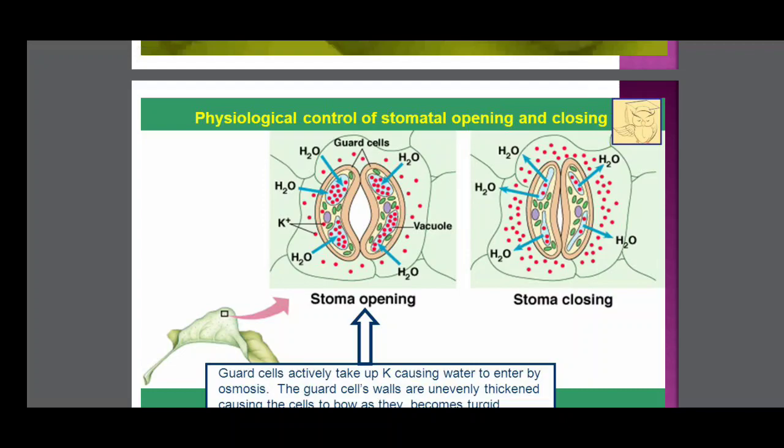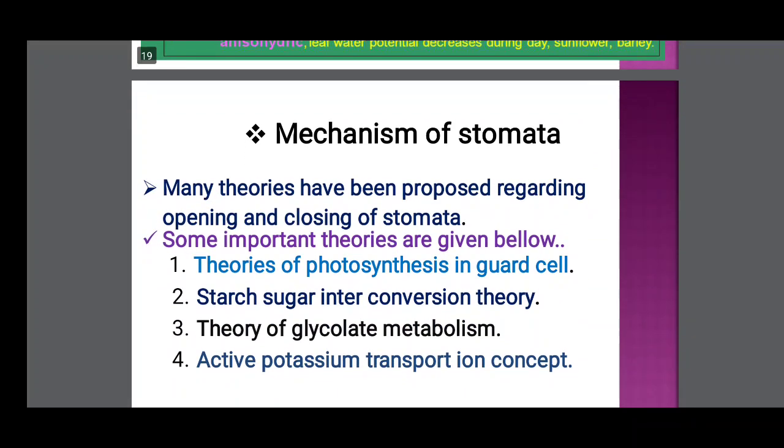When stomata close, the water goes from the guard cells to the subsidiary cells. What happens? The guard cells become flaccid and the stomata close. This is the physiological control of stomatal opening and closing.